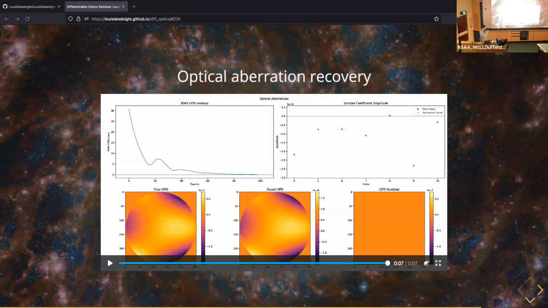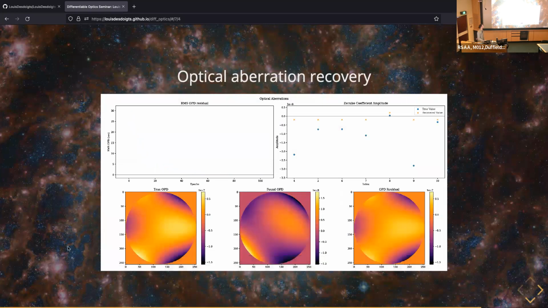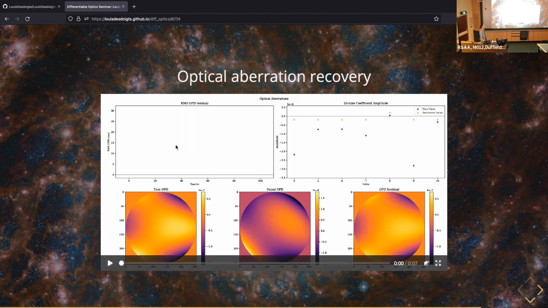All right, so what about our optical aberrations? So these are preloaded. As I said, we're starting from a naive perspective. We don't know what's actually happening within our optical system, and we want to understand the warps and bends. What you're seeing here is the root mean squared optical path difference residual. These are our Zernike coefficient values.